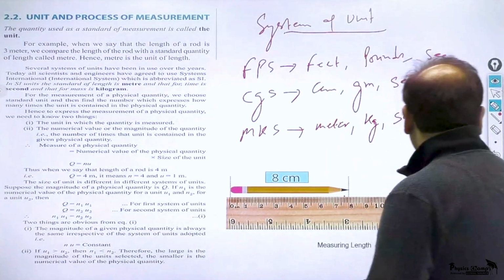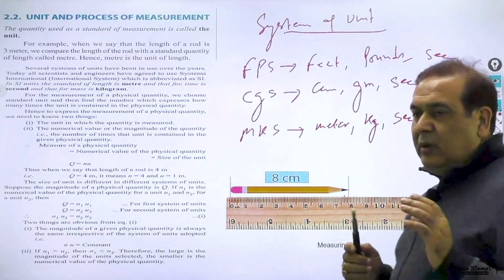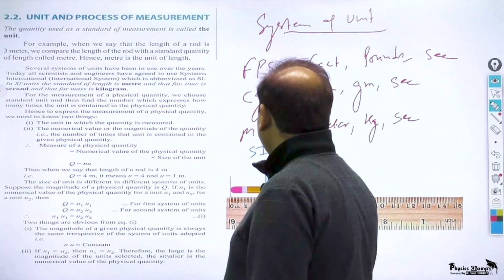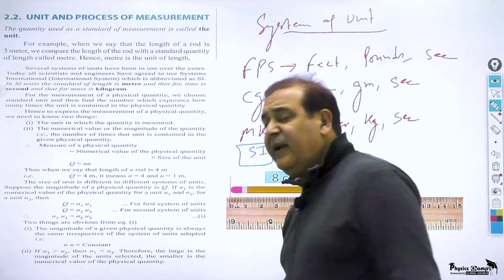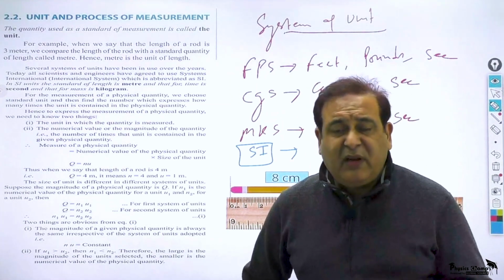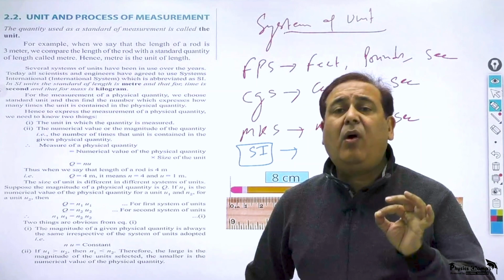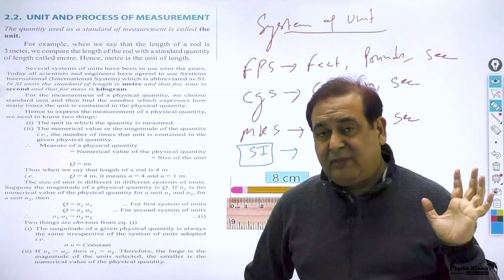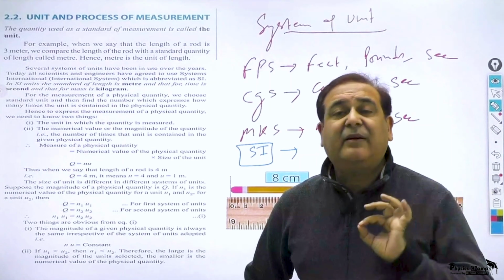But yes, to minimize that confusion, we have the SI system, the international system or Système International, universally acceptable for all engineers and scientists across the world as a standard system.